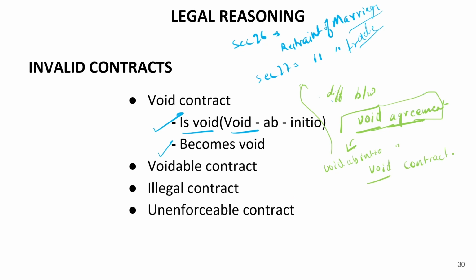Void contracts are those contracts which have become void but were initially valid. For example, a contract which was voidable in nature, but after the objections were raised, was considered a void contract.